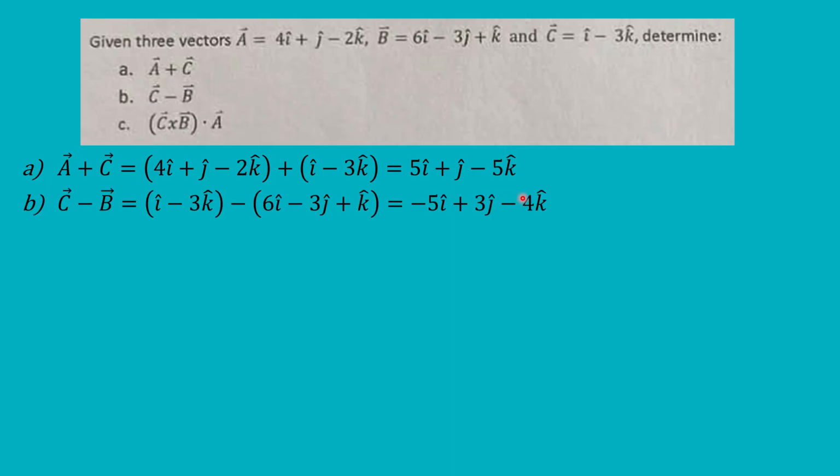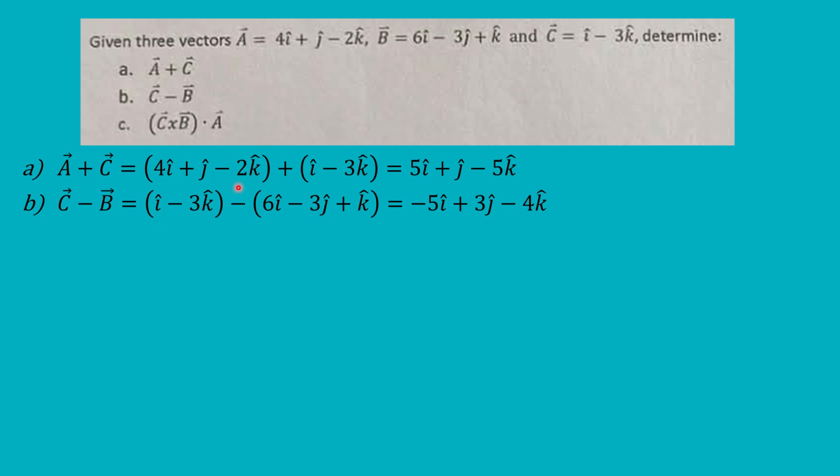Next is C minus B, vector C minus vector B. So i hat minus 3k hat minus 6i hat minus 3j hat plus k hat. We operate on the same components.